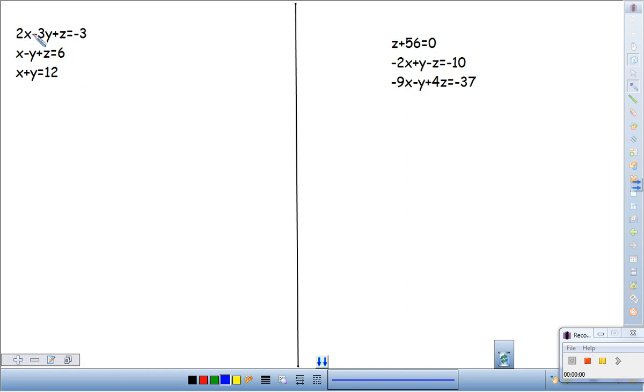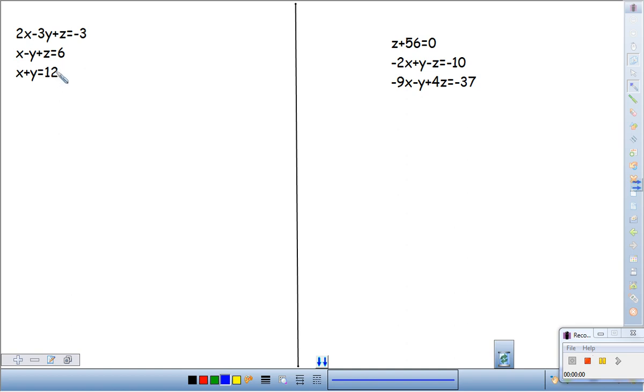In the first one, I have 2x minus 3y plus z equals negative 3. In the second one, I have again all three variables, x minus y plus z equals 6. In the third one, I only have x plus y equals 12.